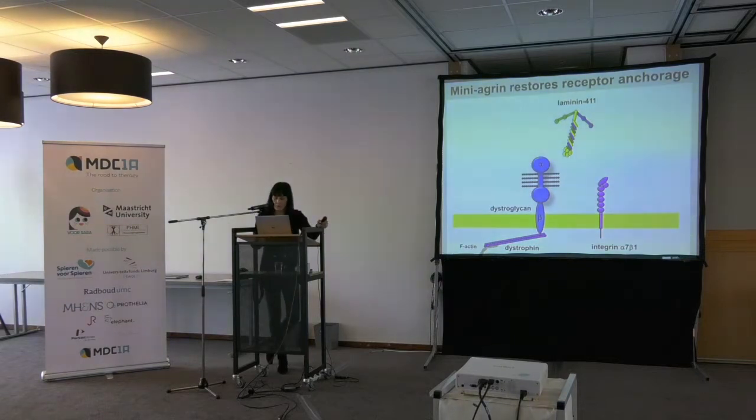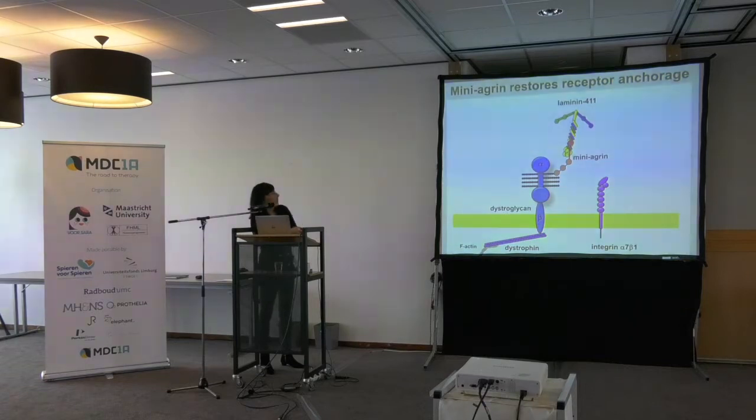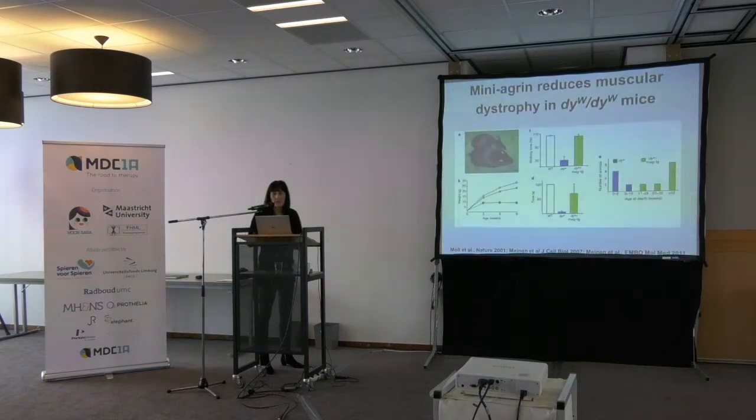But then Marcus designed a molecule called mini-agrin, and this molecule basically restores the laminin binding to the receptor. And when they overexpress mini-agrin in DYW mice, muscular dystrophy is very much reduced.